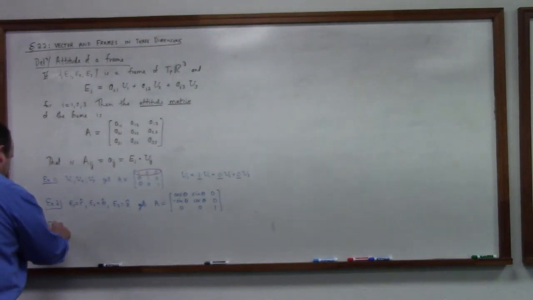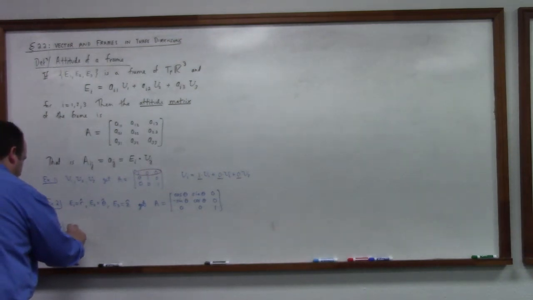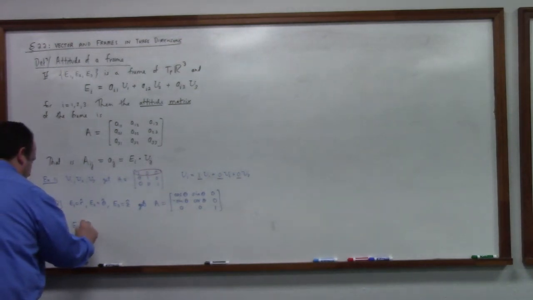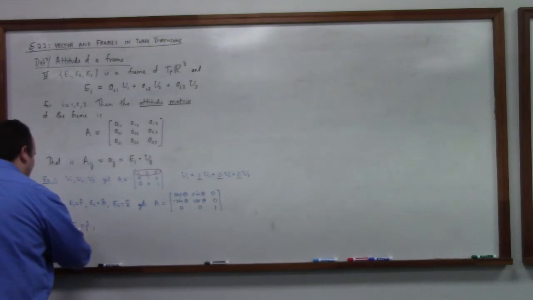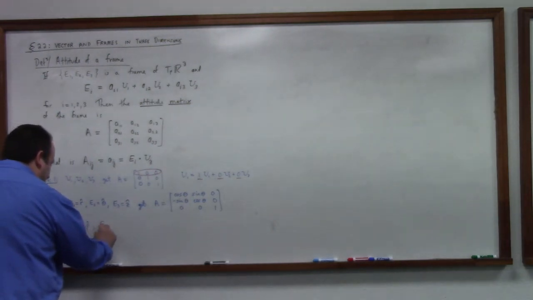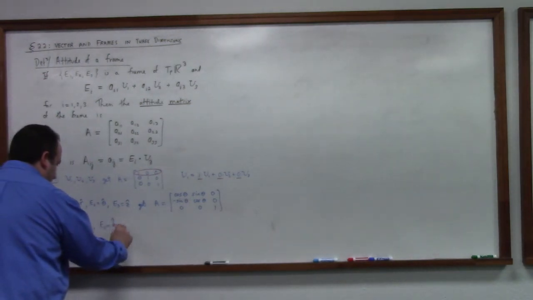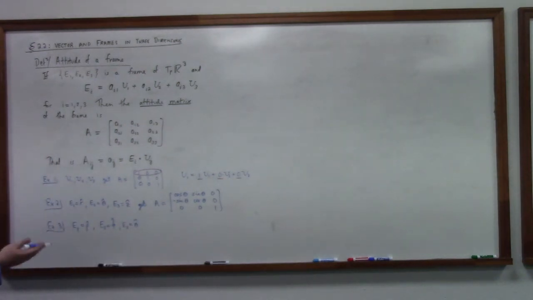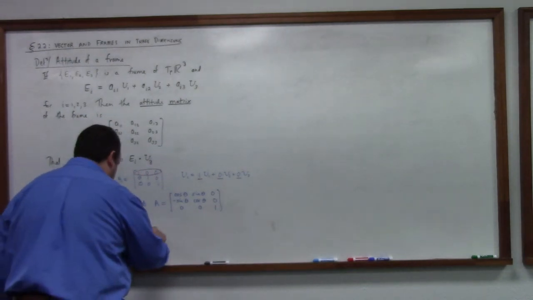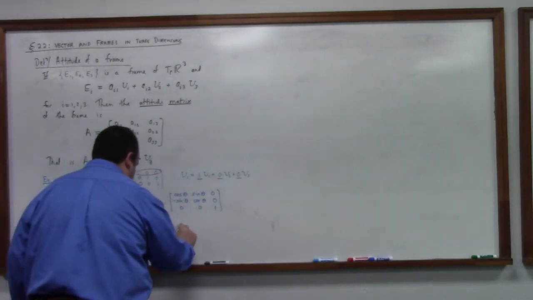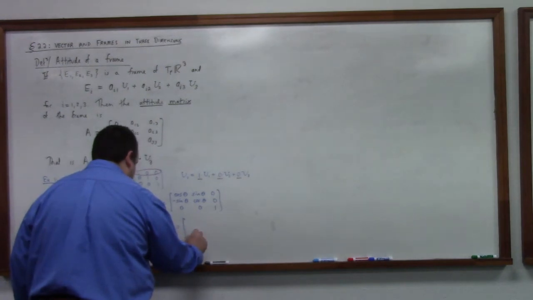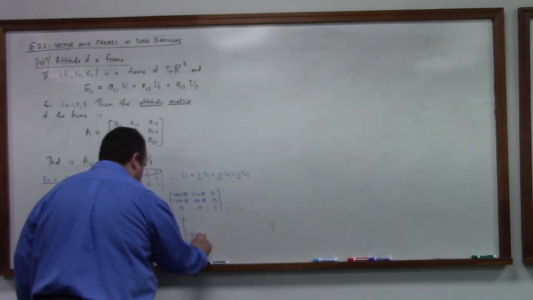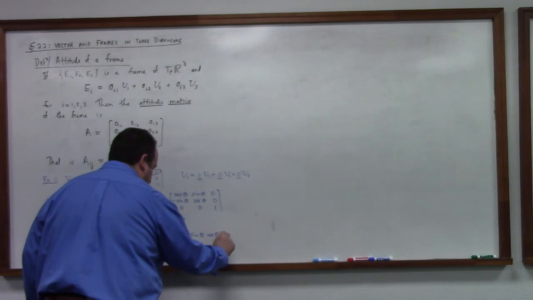And of course, we could do the spherical frame. I mean, you want me to, right? So for the spherical frame, E1 is rho hat, E2 is phi hat, E3 is theta hat. With the usual math convention, not O'Neill's convention, by the way, we get A equal to, well, I can tell you the last row is minus sine theta, cosine theta, 0.